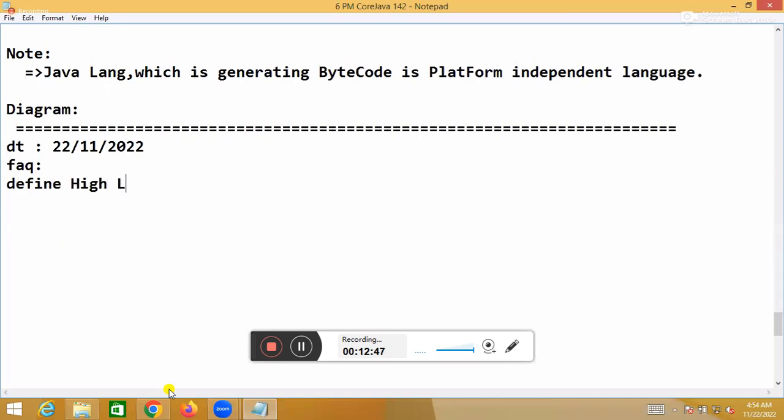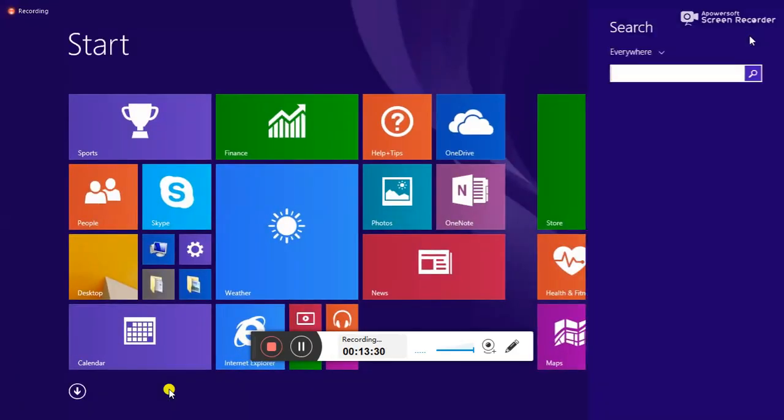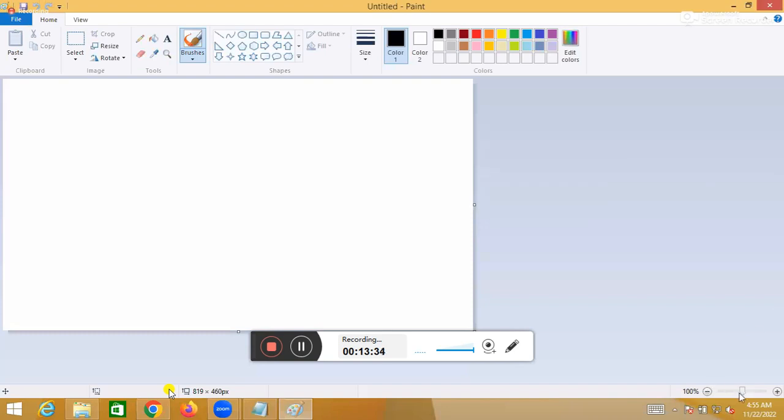Define high level languages. Right. Whenever we want to discuss this high level and low level languages, generally, I'm opening one paint.